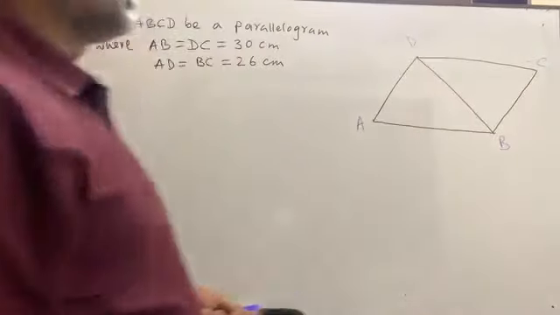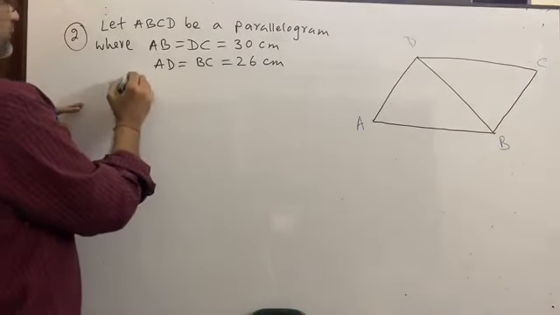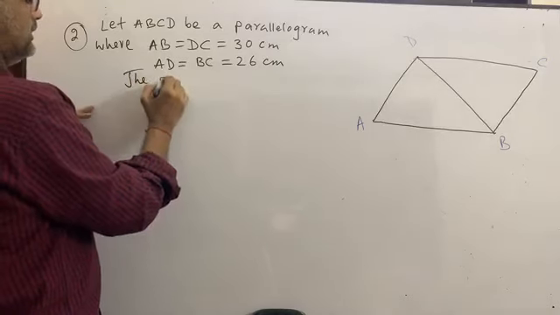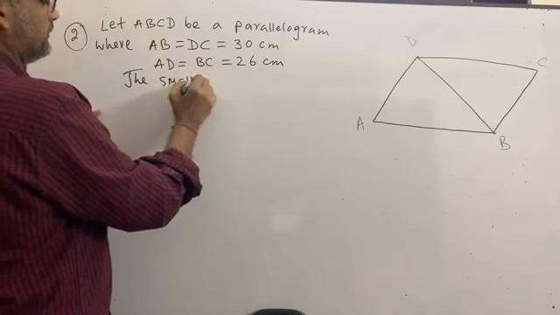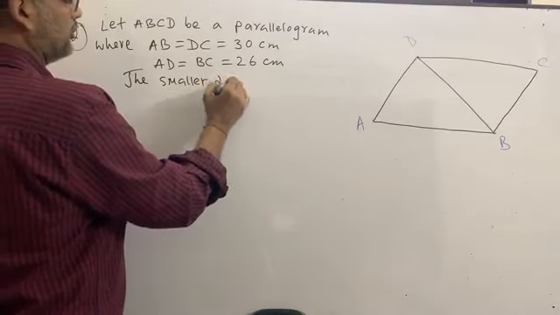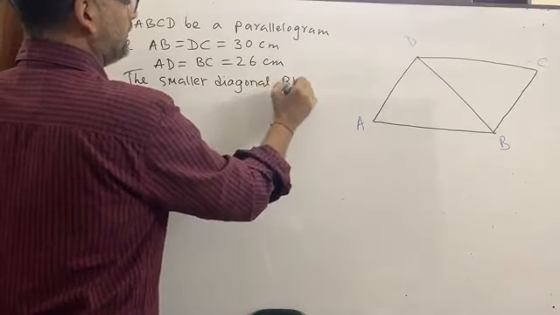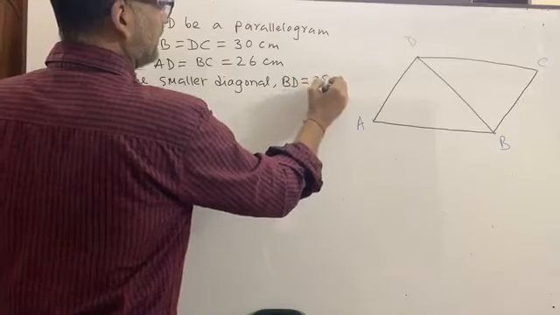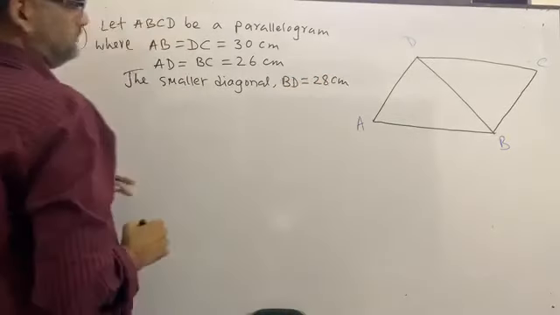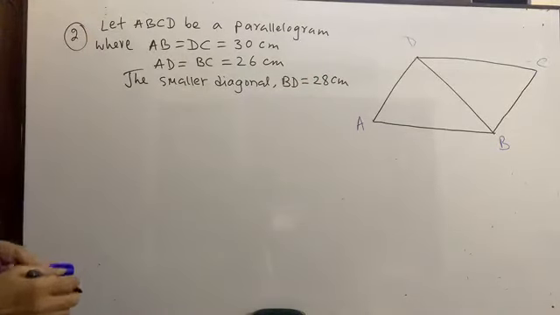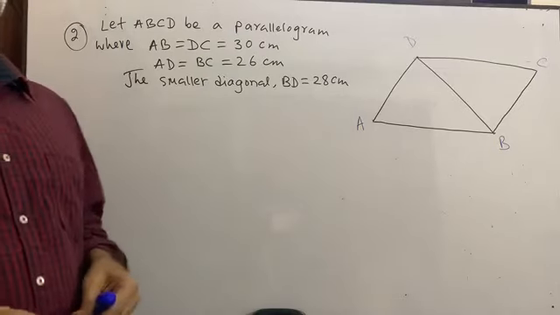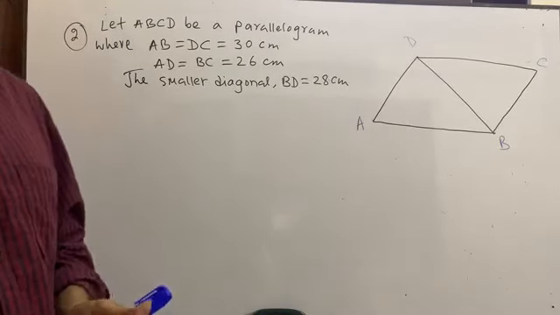Okay, write down the smaller diagonal BD is equal to 28 centimeter. We have to determine the area of the parallelogram.